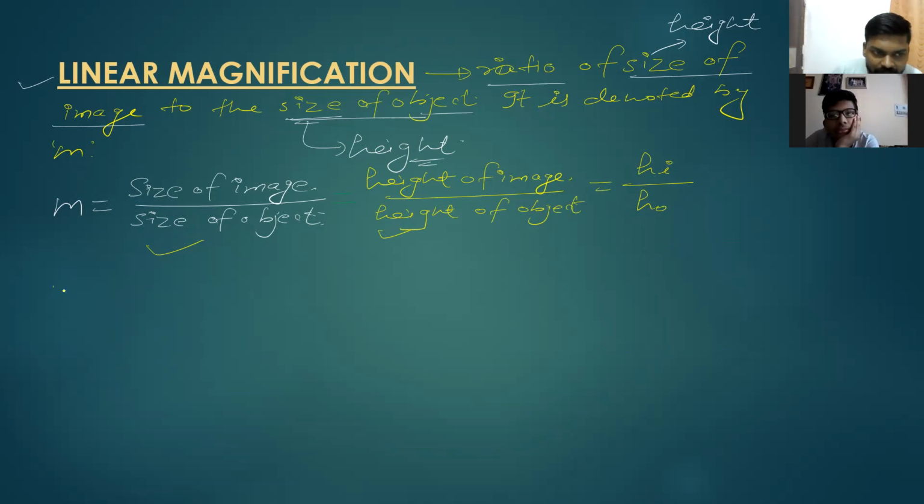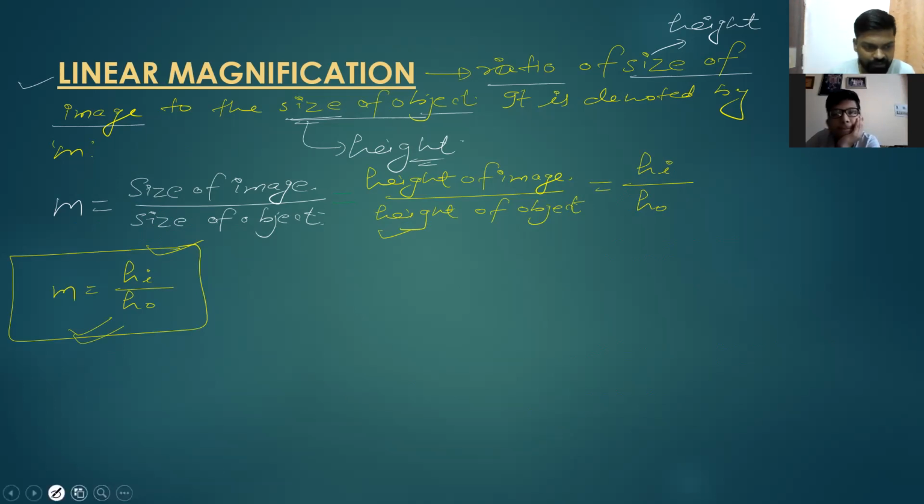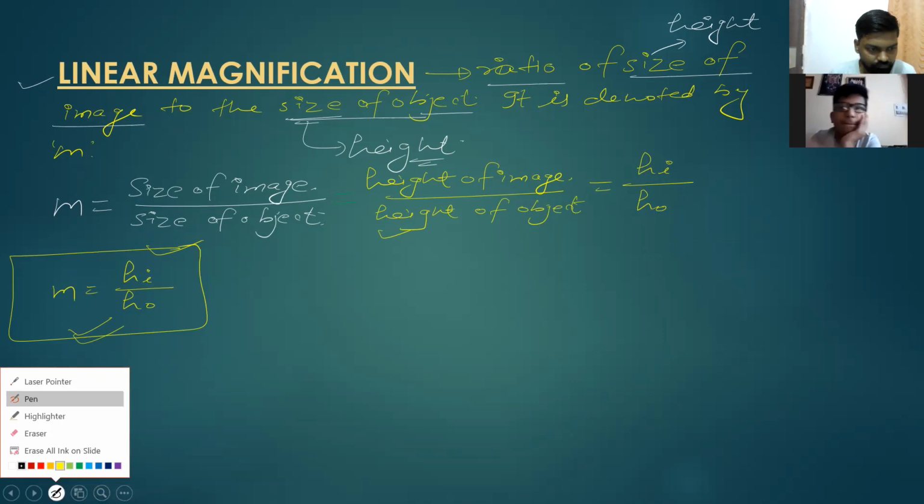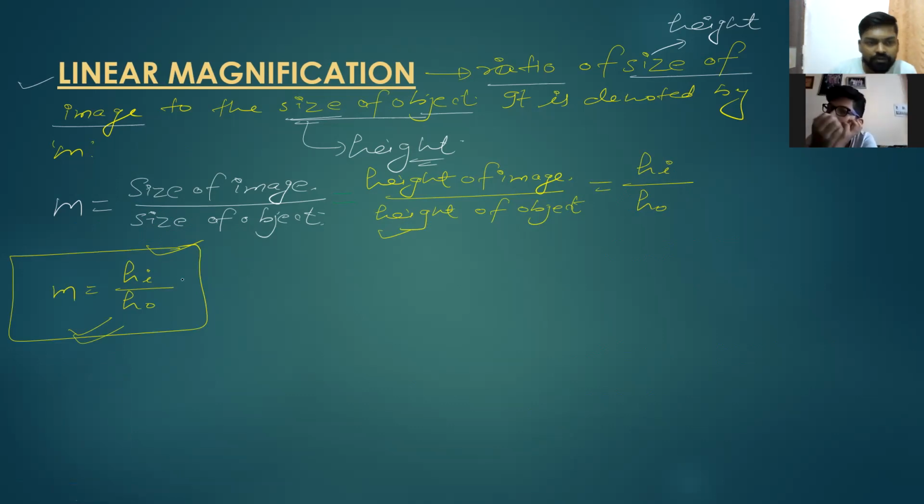So the formula is m equals HI divided by HO. This is the formula for linear magnification. Any kind of problem? If you are facing, then tell me. No, sir.